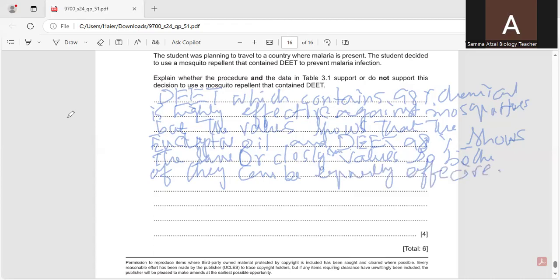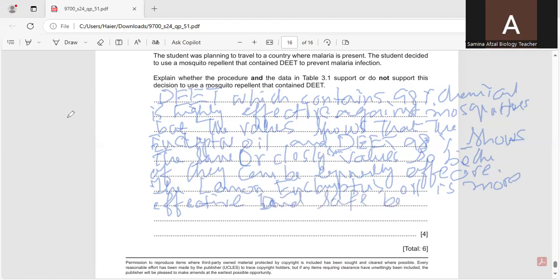But if we compare from the chemical point of view, lemon eucalyptus oil is more effective and safe because it contains less chemical.